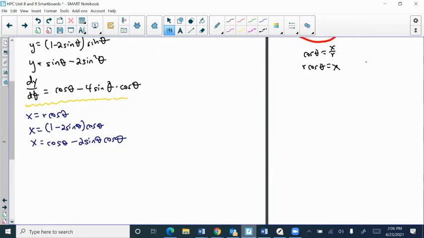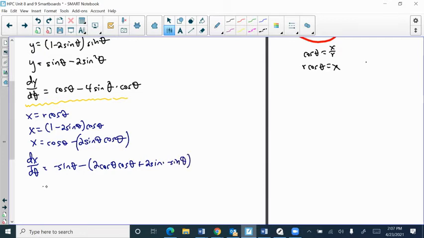Here again, derivative. So dx/d theta is equal to the derivative of cosine, which is negative sine of theta, minus, and then I've got a product rule here. The derivative of 2 sine is 2 cosine, leave cosine alone, plus leave 2 sine alone, and the derivative of cosine is negative sine, so times negative sine.